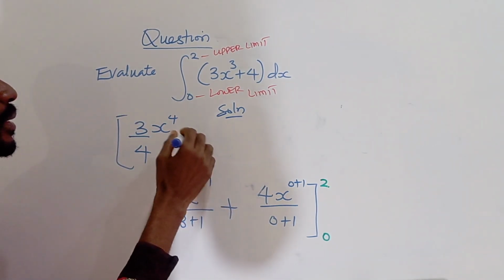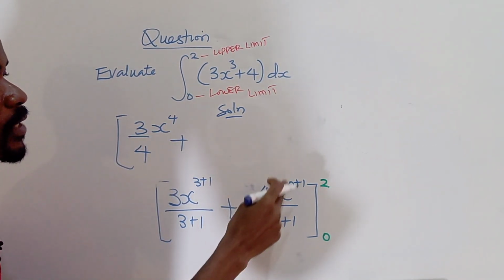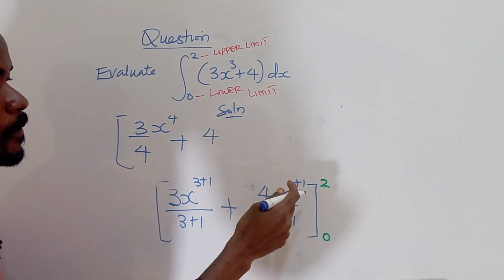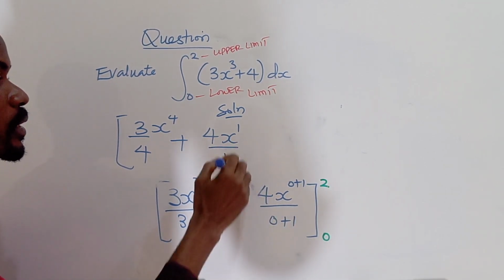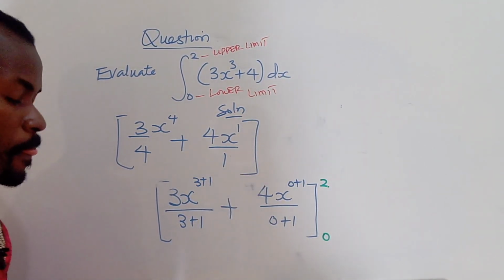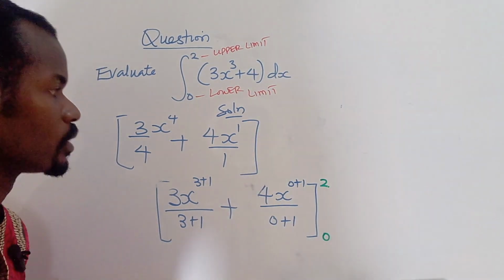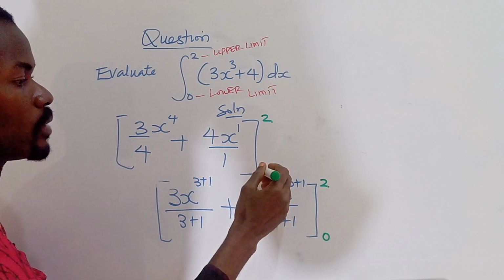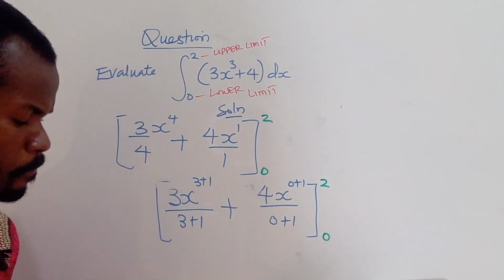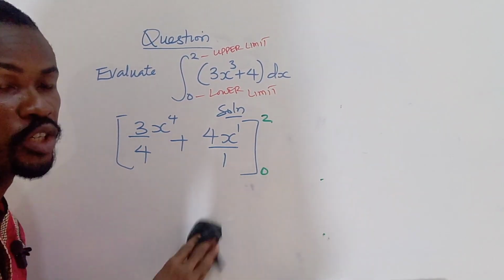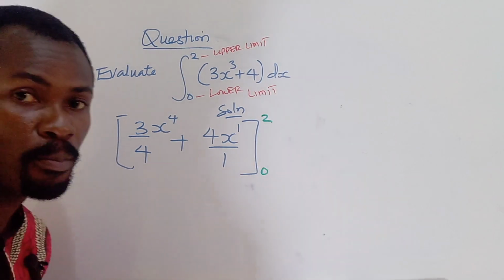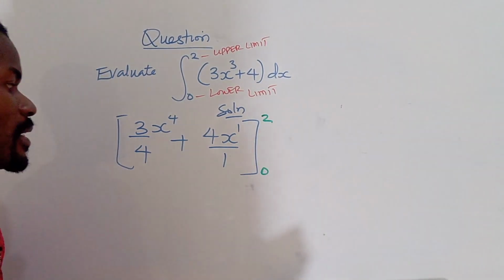Plus 4x raised to the power of 0 plus 1, which is 1, divided by 0 plus 1, which is 1. Now we are going to input our limits, which are 2 and 0. At this point, we can go straight to applying the upper and lower limits to get our answer.